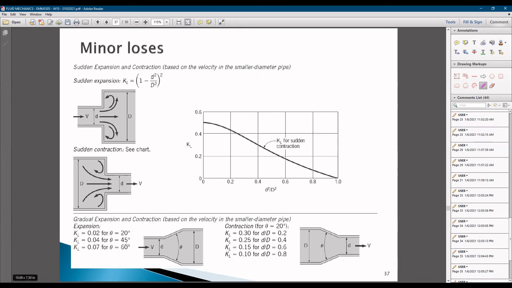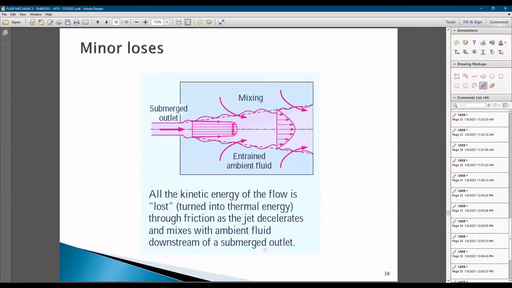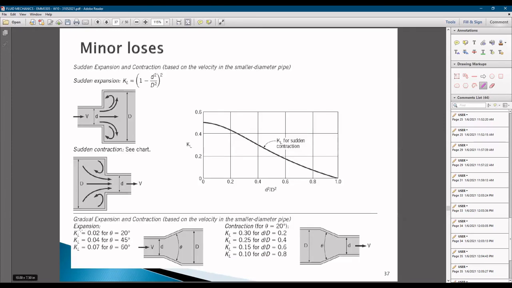If you have this sort of geometry, you may refer to this and this one, whether it is from a smaller to the bigger size, or from the bigger size of pipe to the smaller size of pipe. So you can refer to these two. Or we can call it, one is expansion, the other one is contraction.